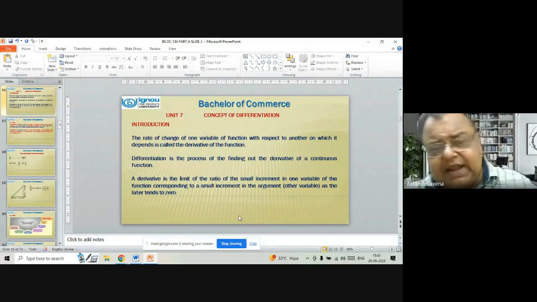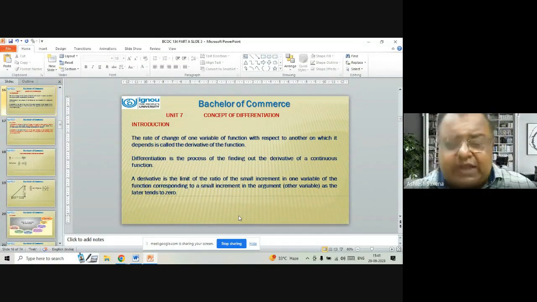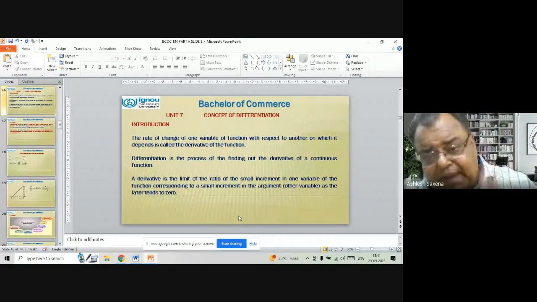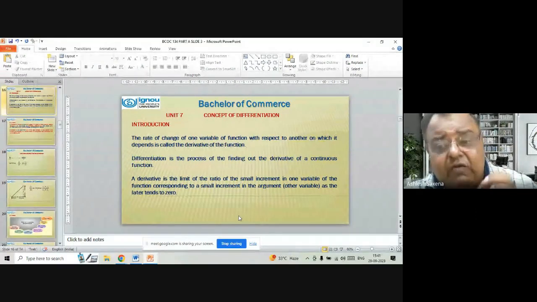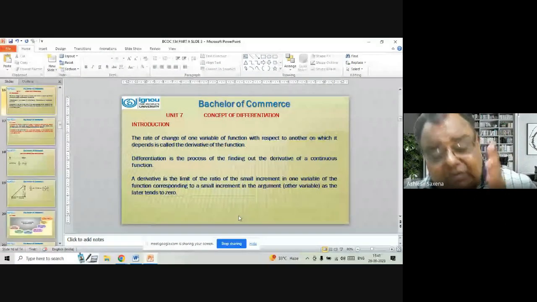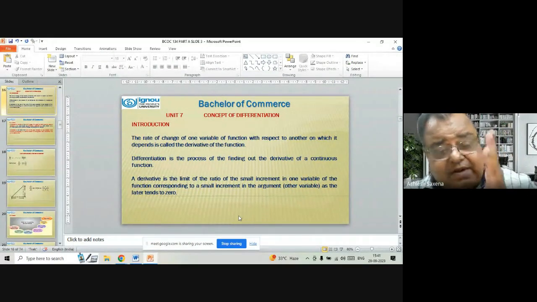Differentiation is basically the rate of change of one variable or function with respect to another on which it depends. This is called the derivative of the function. Differentiation is a process of finding out the derivative of a continuous function. Those functions which are continuous are differentiable.